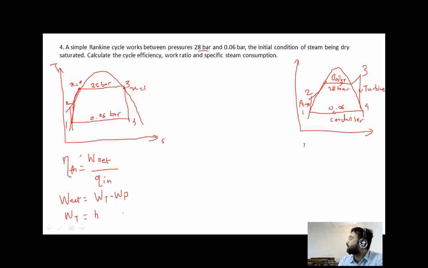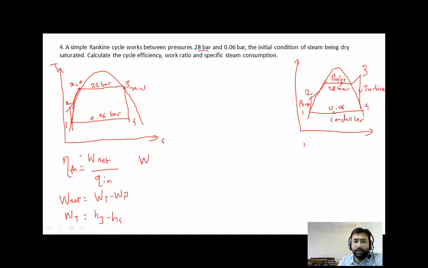Look at the diagram, don't copy from the book. Yes, H3, the enthalpy at inlet of turbine, minus the enthalpy at outlet of turbine. In the book the notation might be different, but please refer to the diagram.